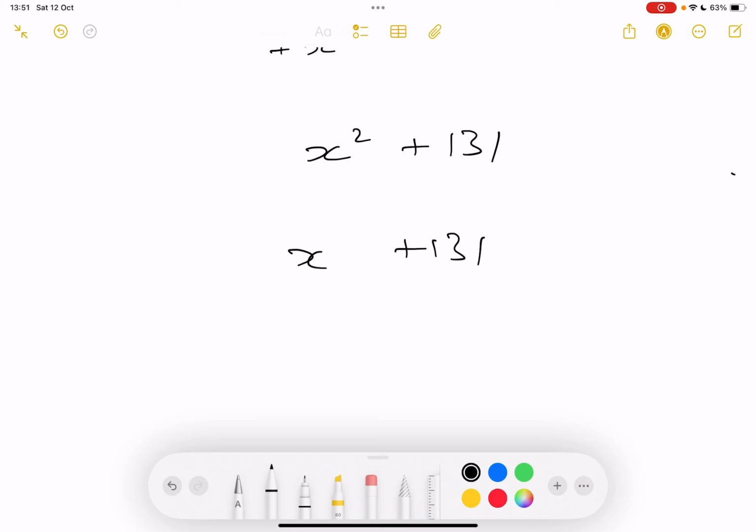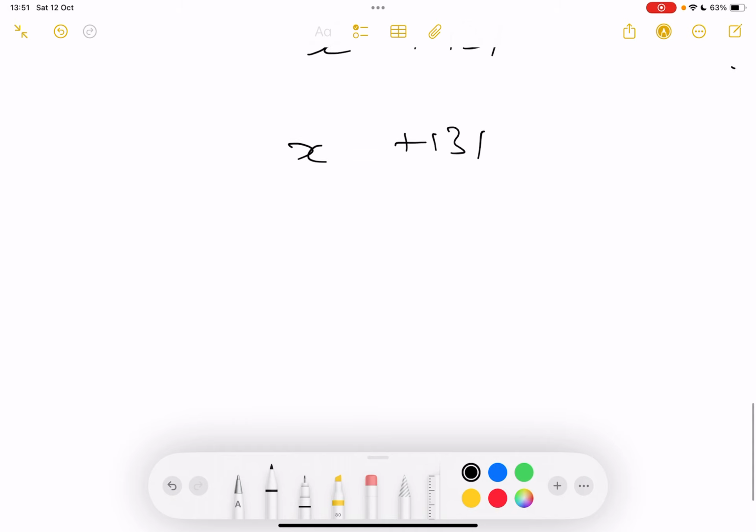What degree? What do we call it? Correct. If it is a polynomial of degree 1, we call it linear. If it's a polynomial of degree 2, we call it quadratic. If it is a polynomial of degree 3, we call it cubic. What do we call it?